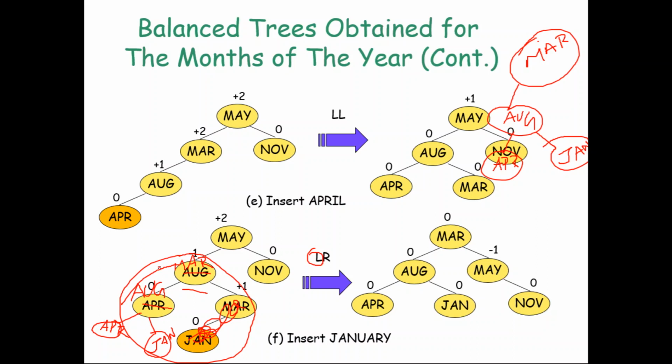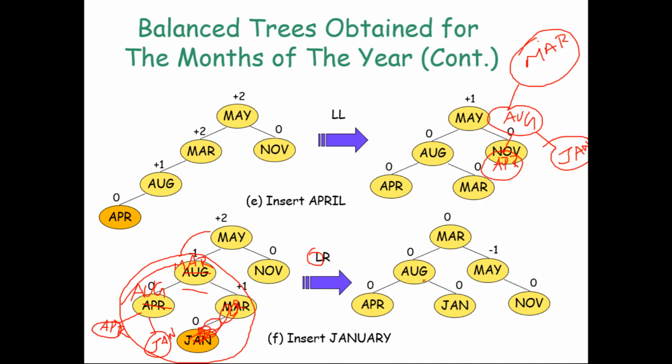Now you perform a right rotation on this point, that is, move March to the right. When you move March to the right, May will go left. March will just come to the top and this will go down.